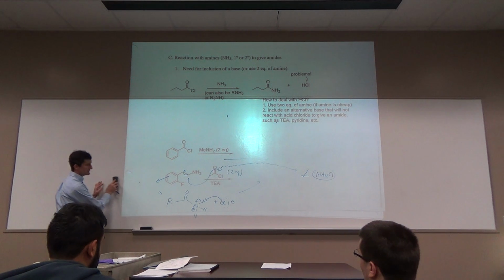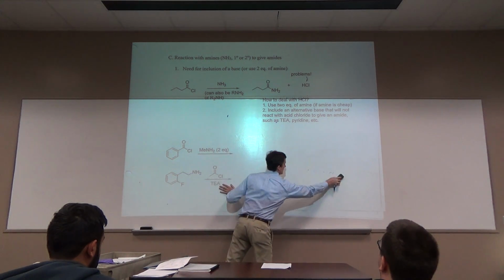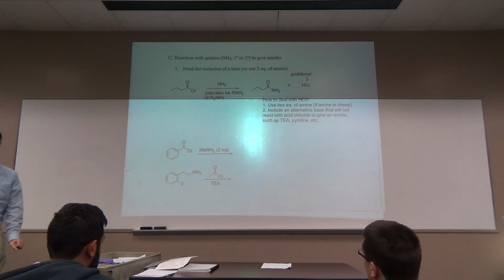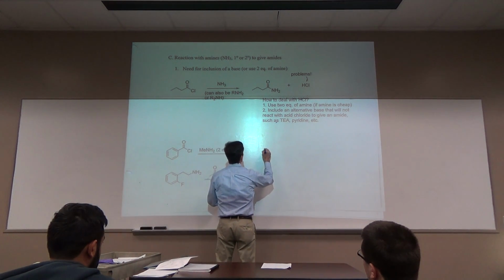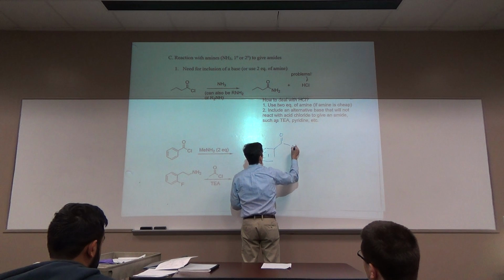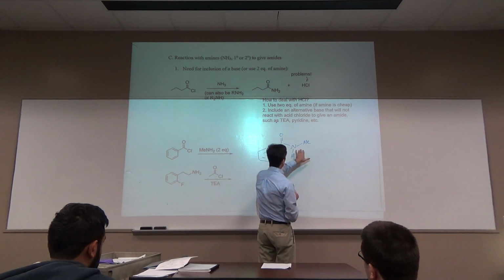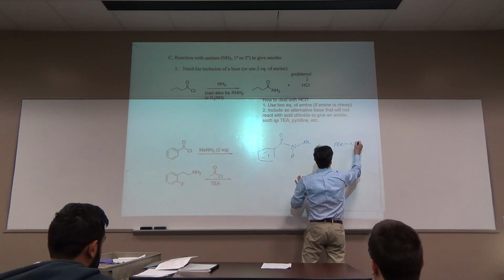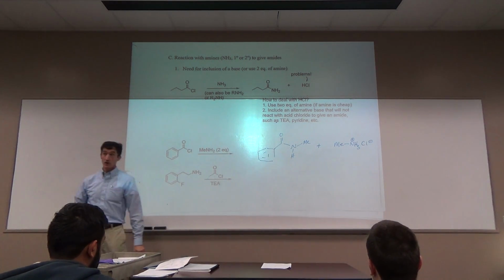So show the product of the first reaction. So we have this N-methyl amide plus that salt that's made as a byproduct.